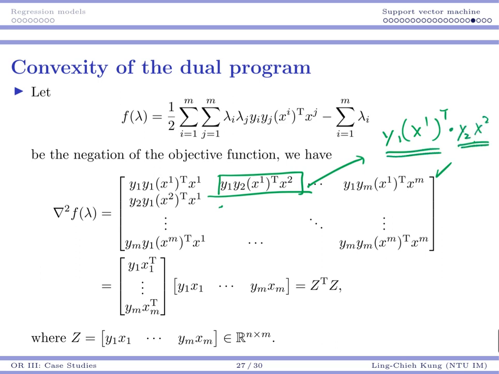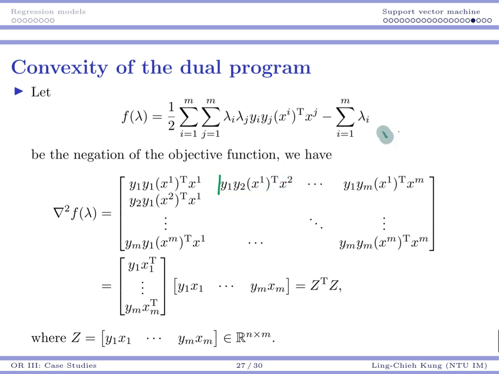So eventually that allows us to factorize this big matrix into two matrices, this one and that one. The first term here, for example, is y1 x1 transpose times y1 x1, and so on and so on. Here, each value is actually a vector, a column vector.